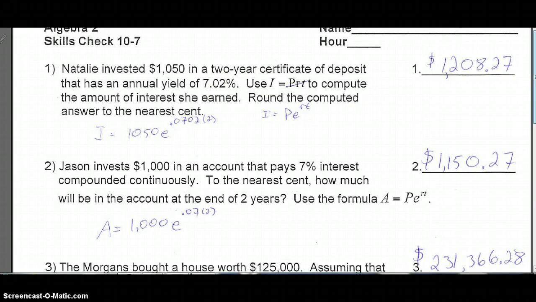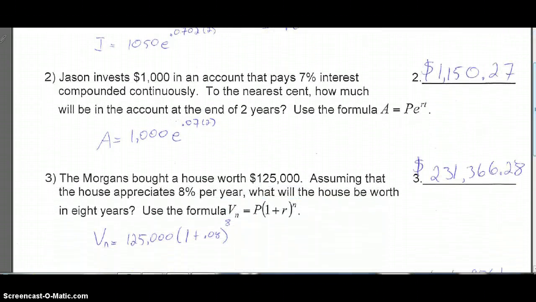So just plug that into your calculator. Same thing for number 2. You invest 1,000, e to the 0.07, and then t was 2 years. That's what you get.